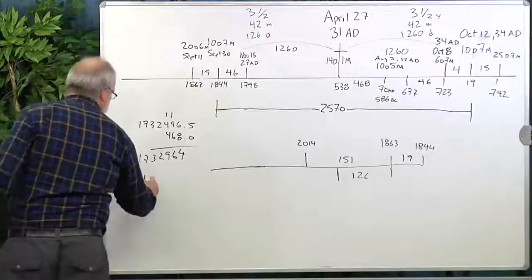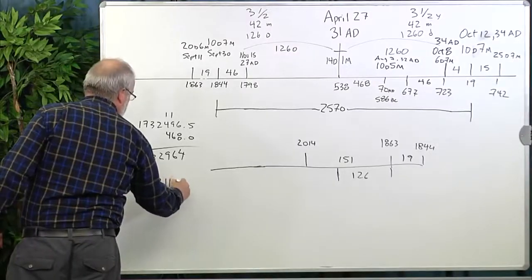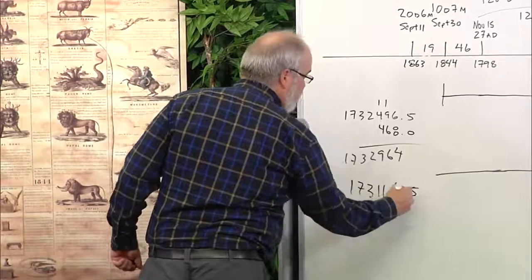So in 1863, that's September 11th, and that is going to be in 27 AD. And the number that we're going to get is 1731162.5. That's the Julian day number for September 11th.